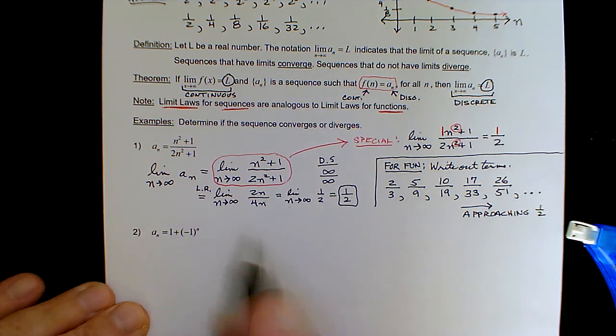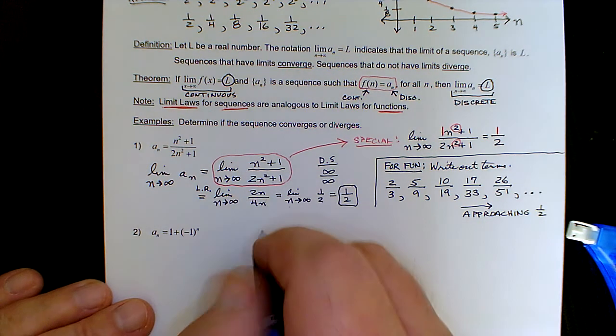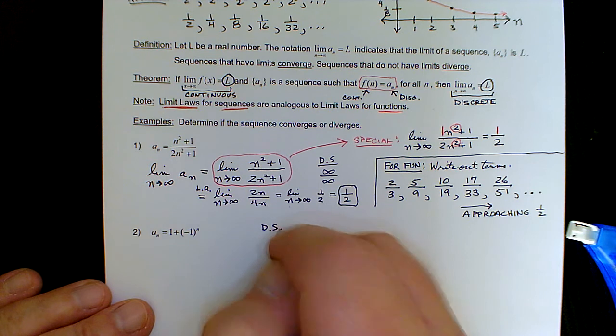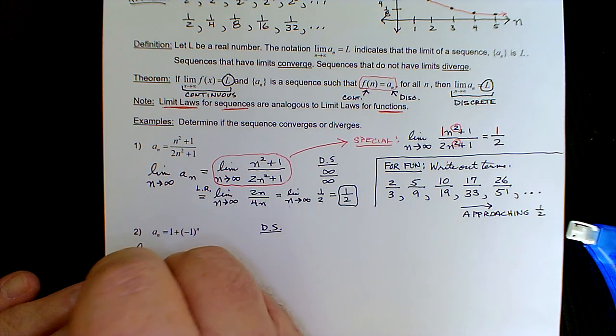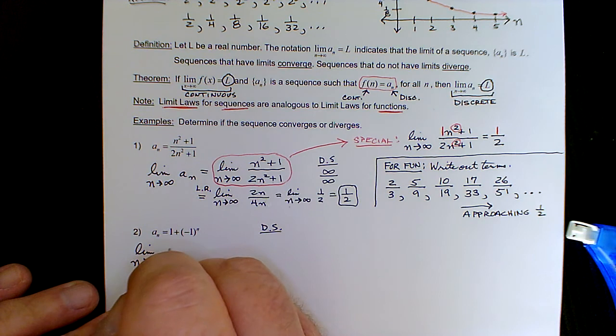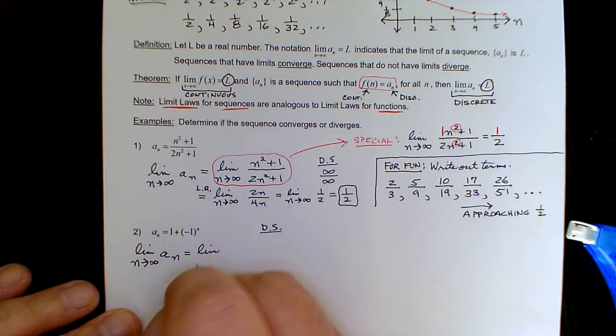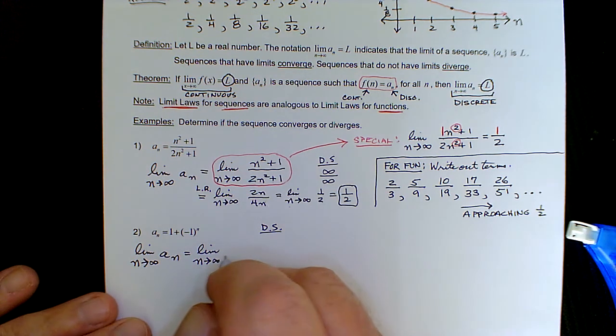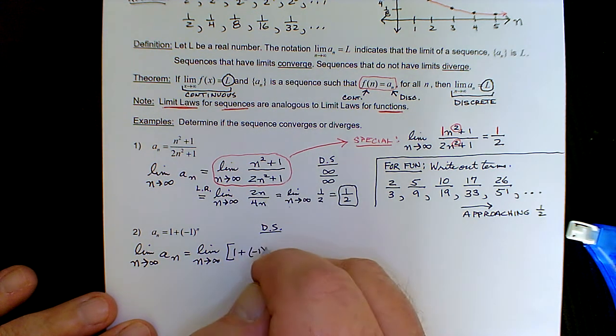Okay, for this example, it's kind of a funny one, because if you try direct substitution, well, first off, you're going to take the limit as n goes to infinity of a sub n, which is the limit as n goes to infinity of 1 plus negative 1 to the nth.